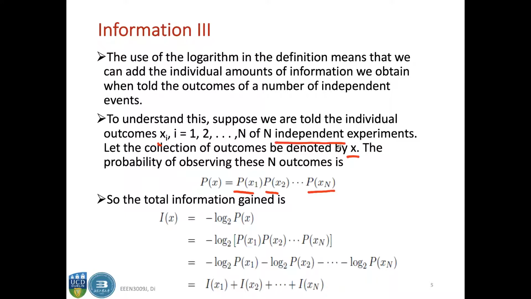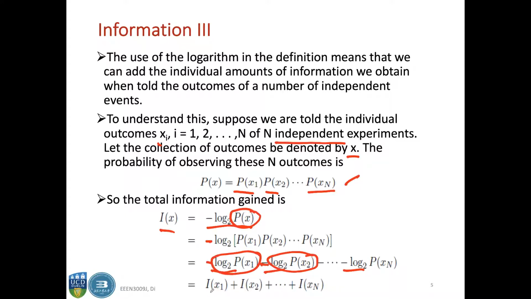So the total information gained is given by this formula, by definition of information, and then this probability of x is the multiplication of the individual probabilities of x1, x2, up to xn. So you can write this expression as a sum. Since there is a minus sign here, all of them are minus, and then these are actually the individual informations.